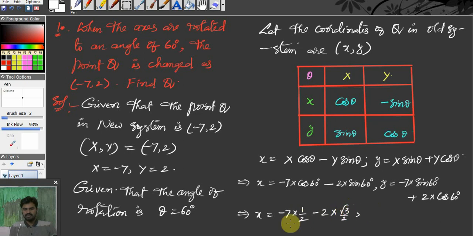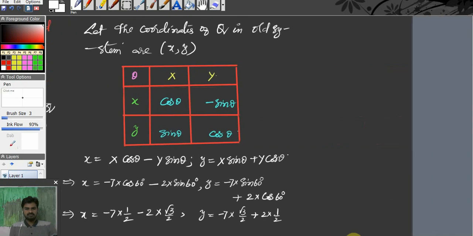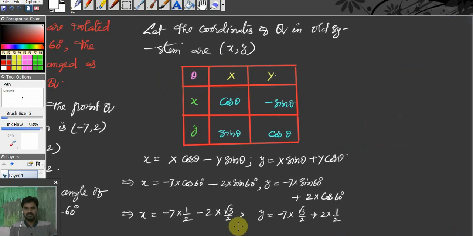So they are the trigonometric values of sine theta and cos theta. Okay, you have to remember that they can be obtained in the trigonometric concept. Okay, next minus 7 into sine 60 degrees, root 3 by 2, plus 2 into cos 60 degrees, 1 by 2. Okay, here also don't cancel here.